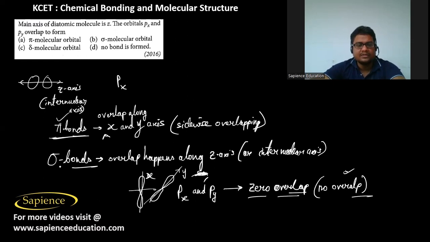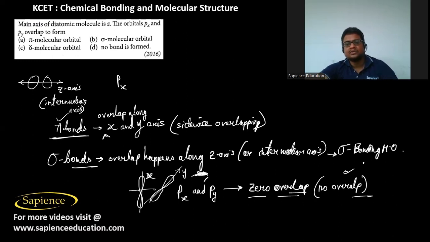When a sigma bond is formed, two molecular orbitals are formed: sigma bonding molecular orbital and sigma antibonding molecular orbital, which is also called sigma star molecular orbital.